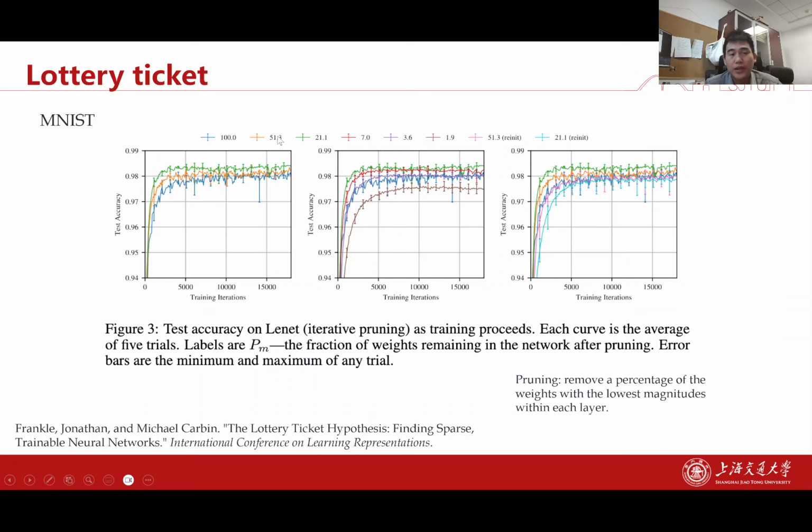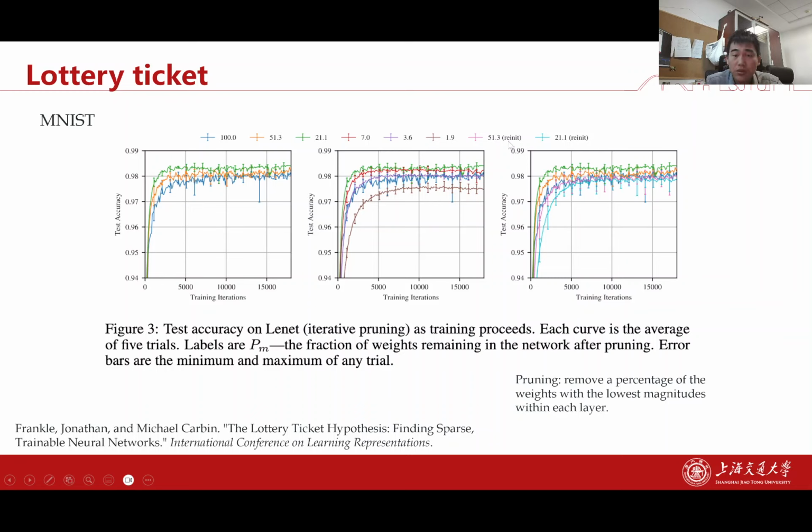Of course, you identify it by first giving a full training, and you can see that the accuracy is actually slightly better. And if you use this 21% of parameters for training, you can get a better accuracy. You can get a very consistent result for different experiments.